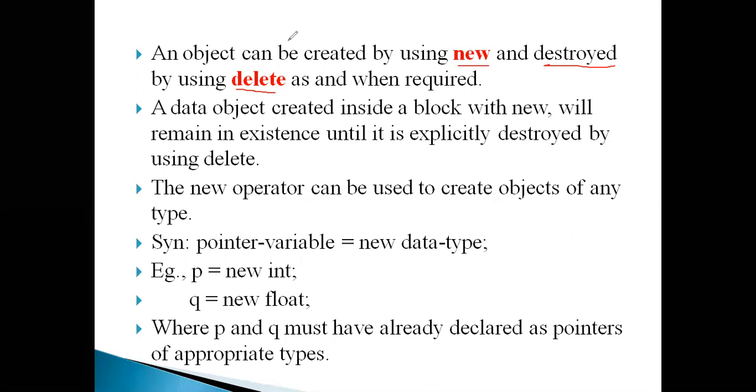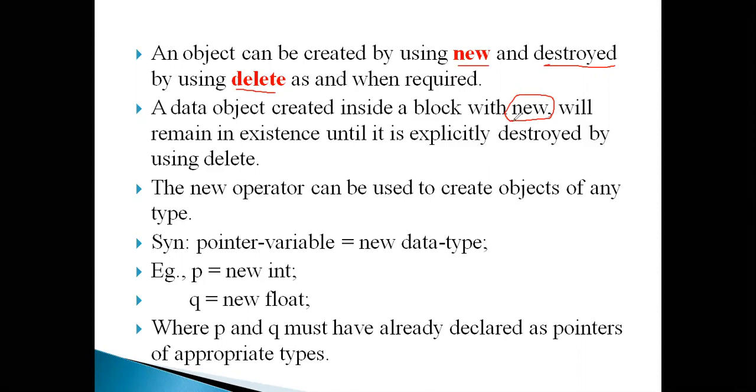Practically, whenever an object is created, the memory is automatically created. Internally, that object makes use of the operator new. So whenever the object is created, the memory is created, and that memory will exist throughout the program and even after the program.